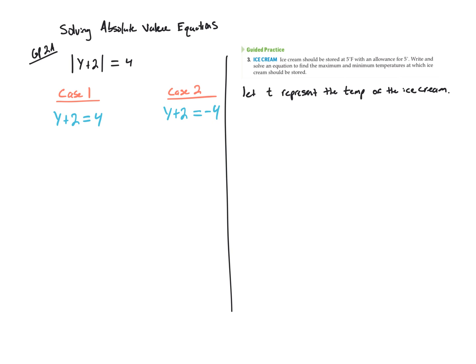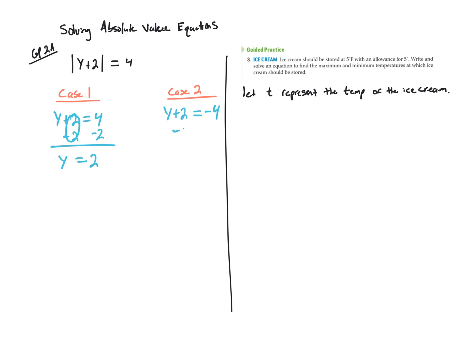And now we have a simple 8th grade level math problem here that we can solve. We're going to subtract 2 from both sides. And we're going to get y plus 0, or just y, is equal to 4 minus 2, which is 2.